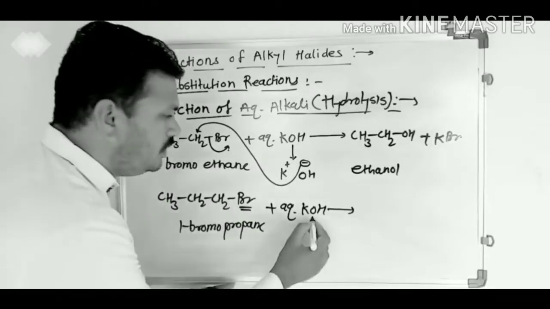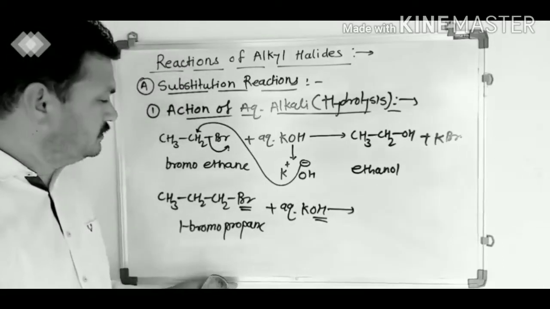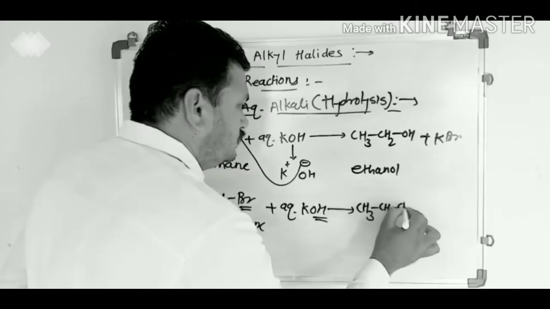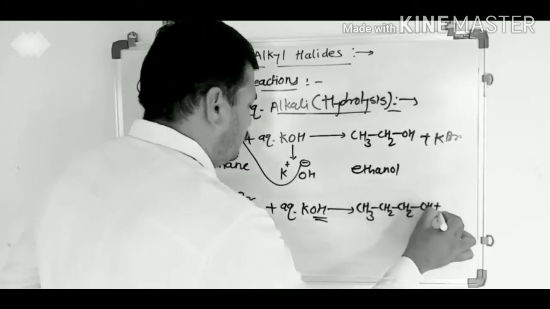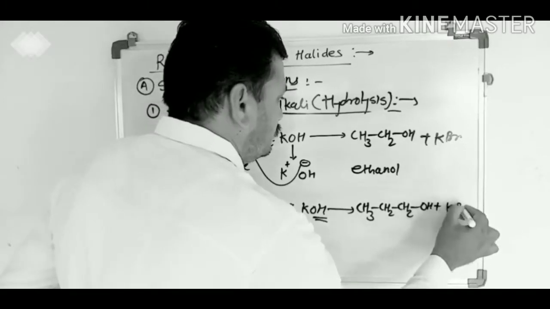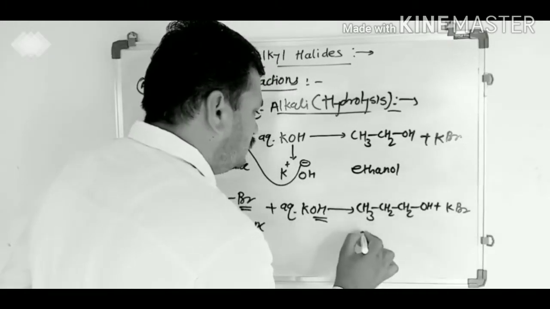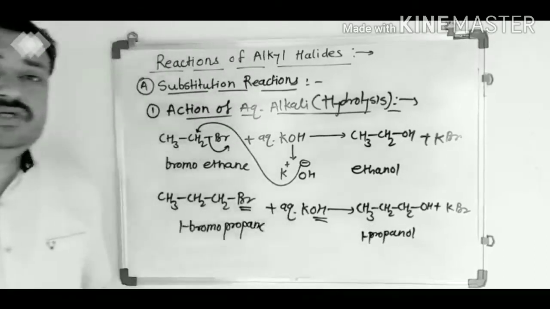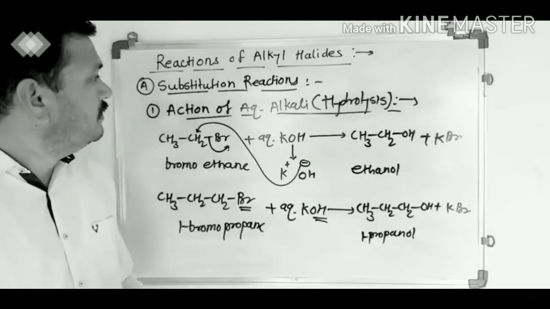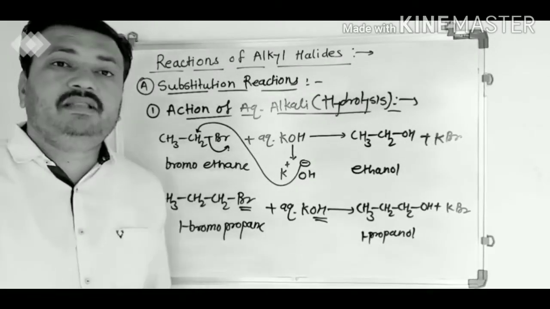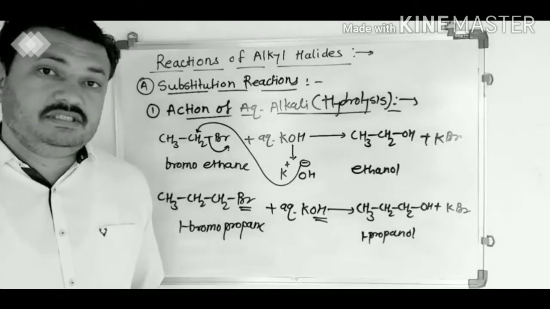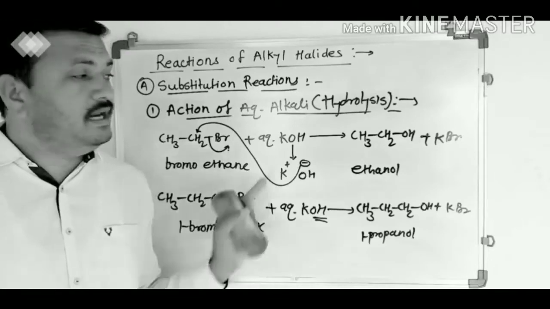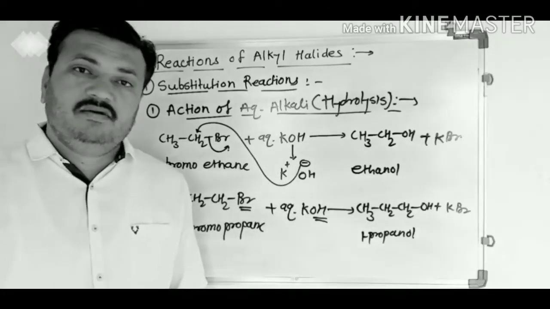It is replaced by the nucleophile OH minus, and we get the product CH3CH2CH2OH plus KBr. It is 1-propanol. Same reaction is given when we react alkyl halide with silver oxide. Same reaction will take place. This halogen atom is replaced by the OH group nucleophile, and we get the alcohol as a product.